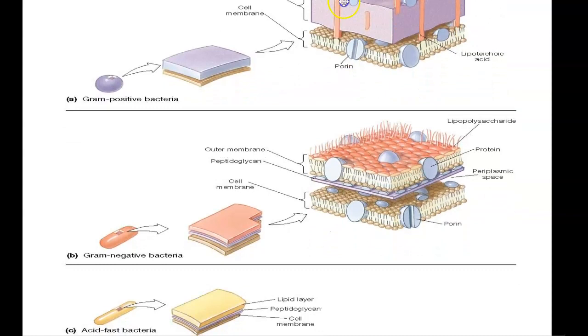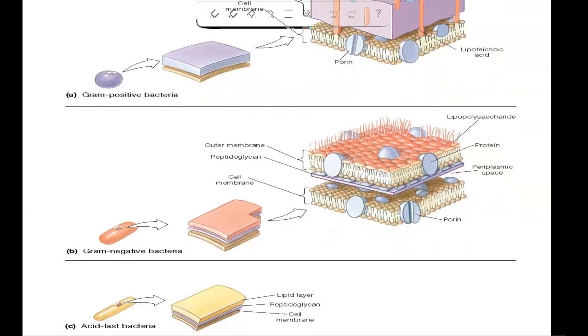By contrast, if we look at our acid-fast bacteria, there's a thin layer of peptidoglycan, but there's that really thick lipid layer. That's going to act like a suit of armor to help protect them. On the flip side, it makes it really difficult to kill them because of that suit of armor. They're also very slow growers.